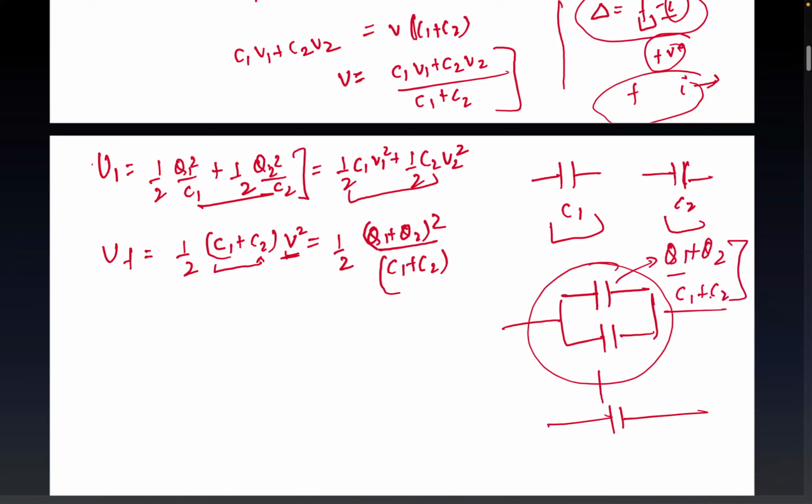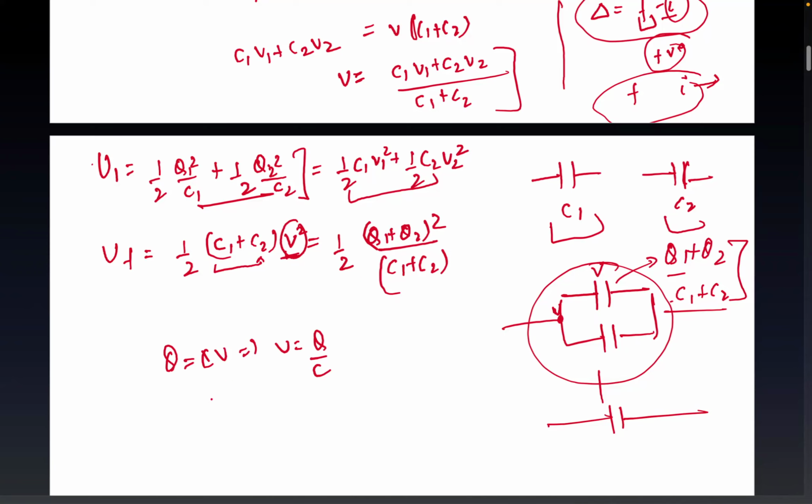Is it so? Okay. And if you see, the potential is also in the parallel sense, right? At this point it is V, at this point it is zero. So we can say this V square thing can also be written as Q by C. So V can be written as Q by C. So what are you going to get from this equation?